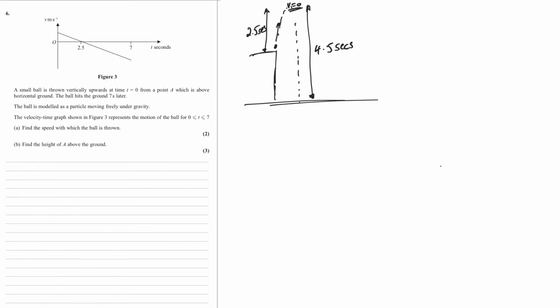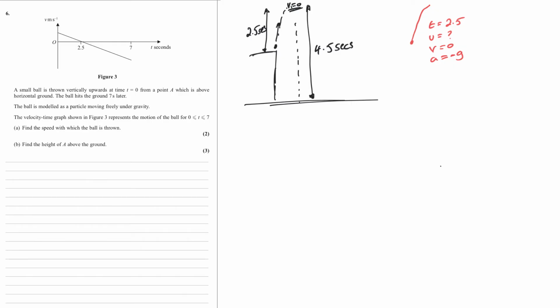So let's first just look at this first section, this section to the peak. So t equals 2.5. U we don't know, but we do want to find it. V we know is 0. A is going to be gravity, and of course gravity will act down as we're thinking about throwing this ball up.